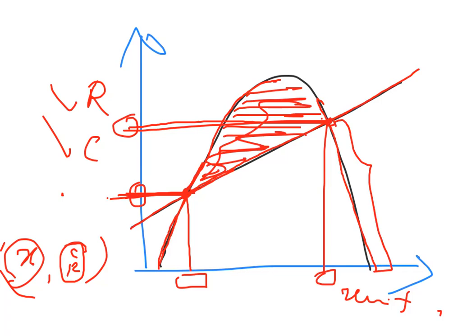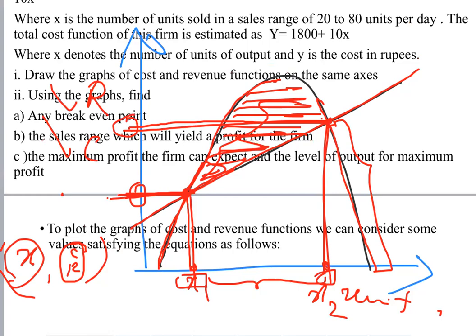Through that, you can identify the profit generating range of units from here to here, right? You can see my pen, I am touching, right? X1 to X2, from X1 to X2. Profit generating number of units. And next, what is the question?